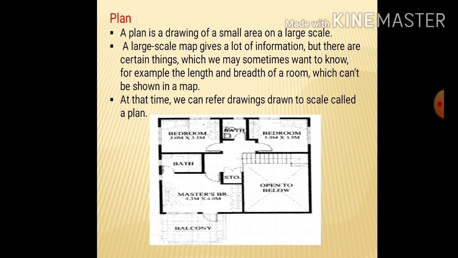We can understand how much length, breadth or height a room has, where the wash basin is, where the kitchen is, where the window, door or balcony is. We get everything through the plan.